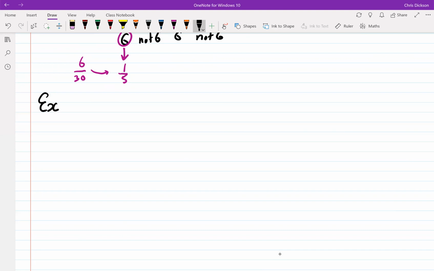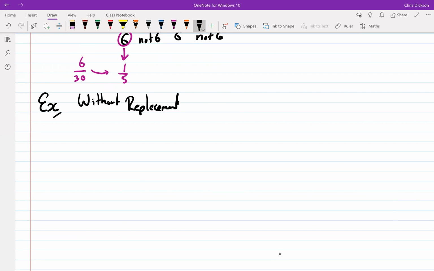Okay. So example would be, let's say you draw 2 cards from a deck of cards. So you're going to pick a card and then pick another card, and we're going to do this without replacement. Okay, so no replacement here. So you draw a card, you keep it out of the deck, and you reach in and draw another card.